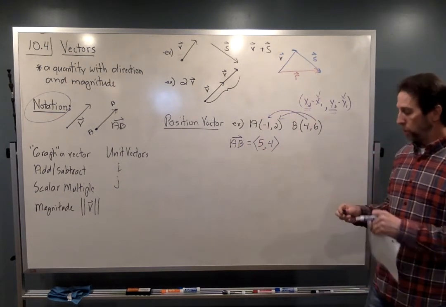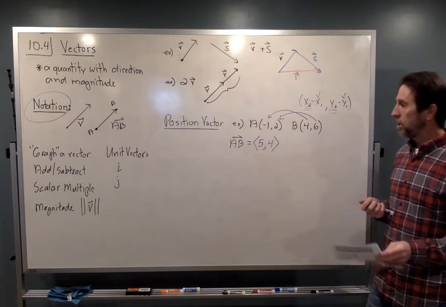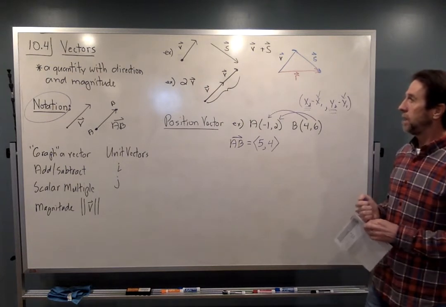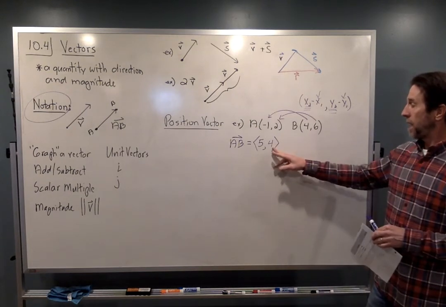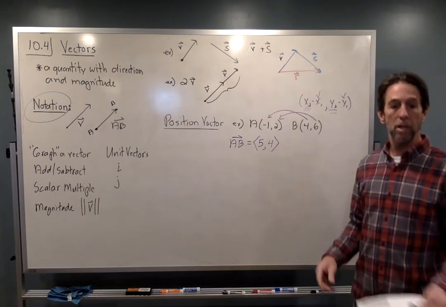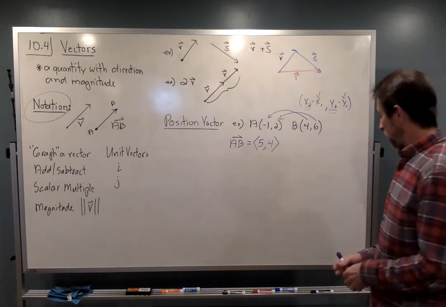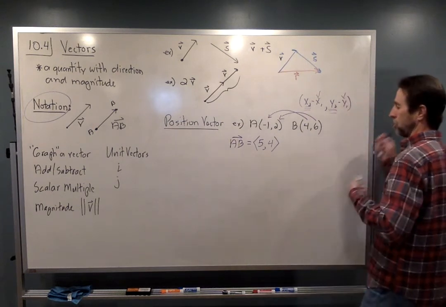Now, what we can do then is use some of this to work with the algebraic way of dealing with vectors. The other thing is, if I now think of this as just a simple position vector, I end up with a nice little picture.